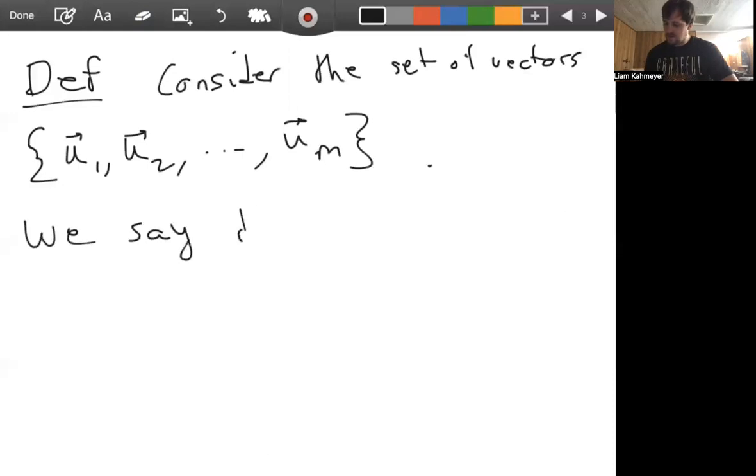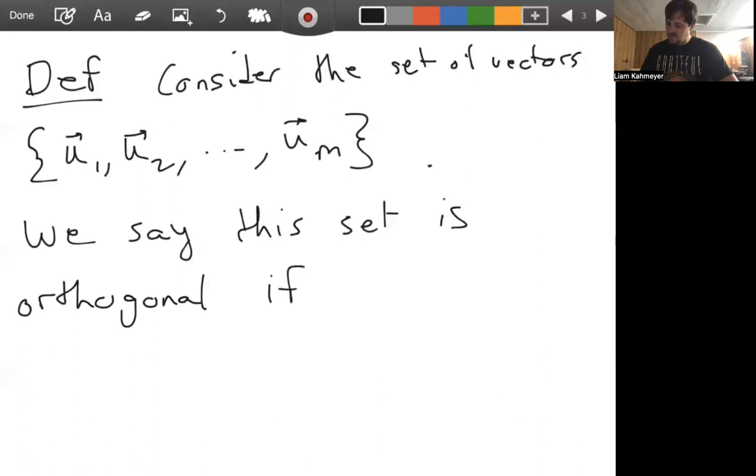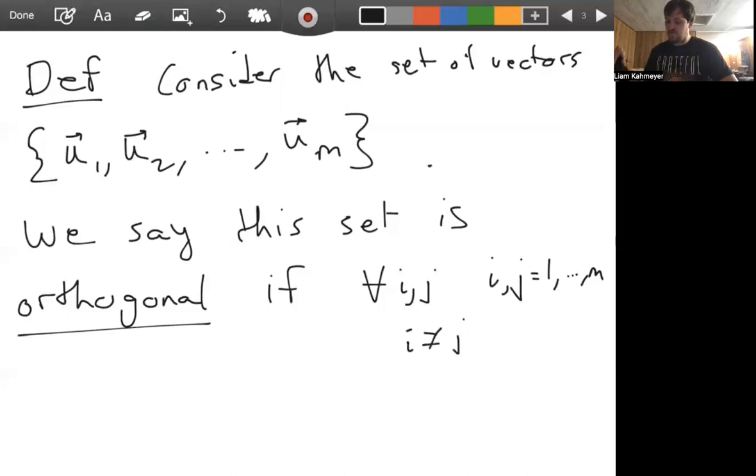We say this set is orthogonal if, for every i and j where i and j run from 1 to m, so it's just indexing two different vectors, basically taking every possible pair of vectors in this set where i is different from j, we have that ui dot uj is 0. And so this is what it means for a collection of vectors to be orthogonal.